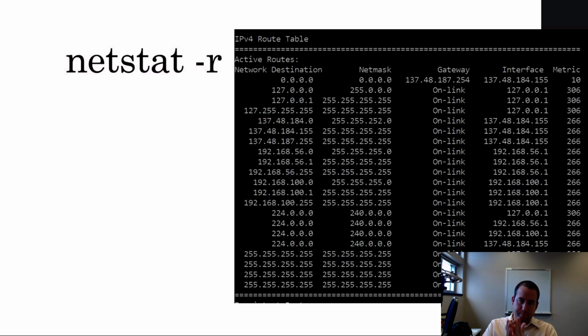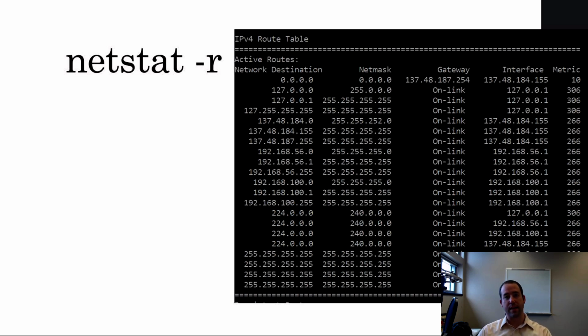So at the top on this computer, 0.0.0.0 means any network. Any network that's not otherwise listed here is going to send traffic through 137.48.187.254. And the interface, my IP address in this case, is 137.48.184.155. So it says, how do I get there?